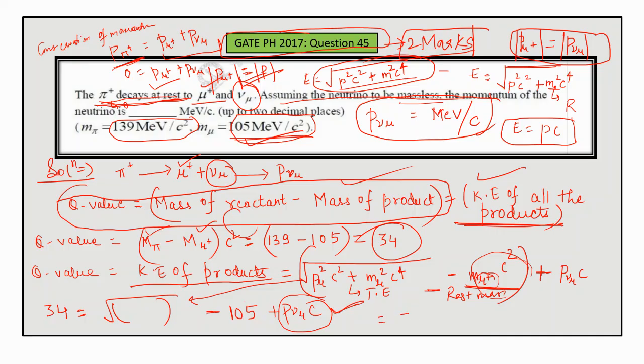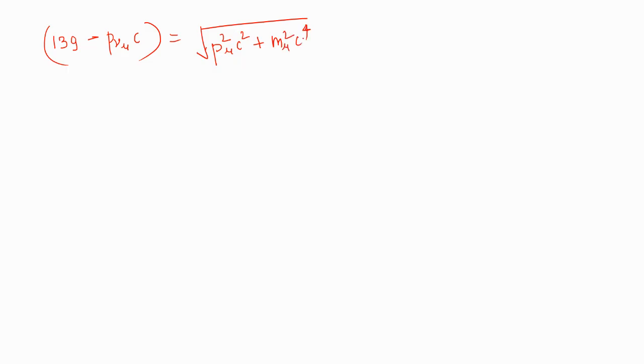Now it is 34 + 105 − p_ν c = the term under the root. Here this will be 139 − p, the momentum of the neutrino, and it is equal to this: √(p_μ²c² + m_μ²c⁴).